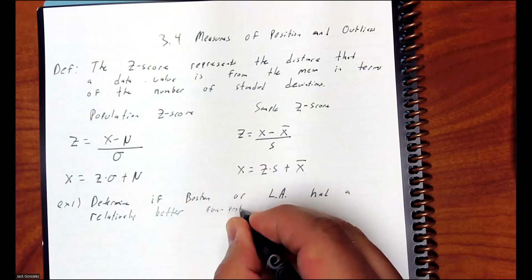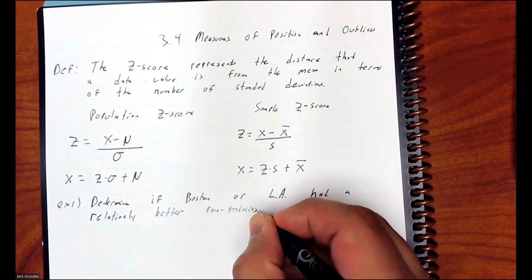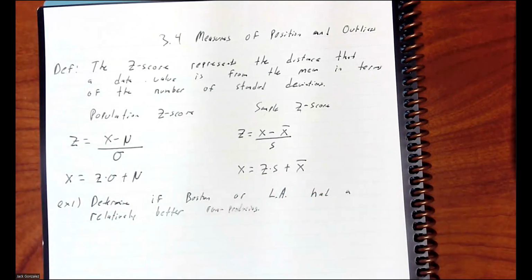In other words, more home runs, more scores, right? More points, whatever. I don't really care. So you're gonna need the averages and standard deviations for each team. You're gonna change both of those averages into z-scores or values. Then you can figure out, okay, which one's higher? That's it. Just calculate.